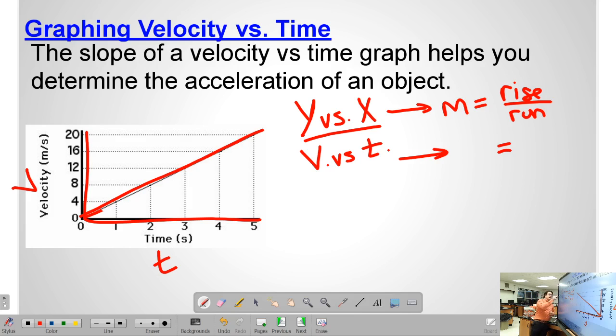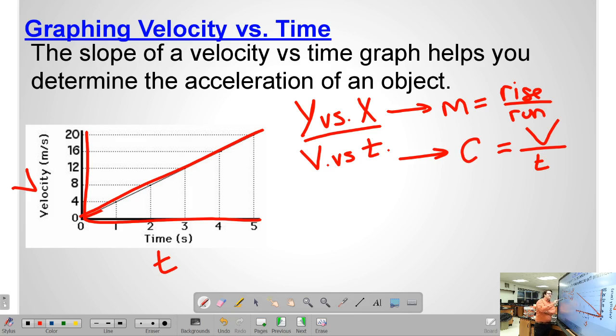What is the unit for my rise? It's velocity, right? Let me try that again. Where's my undo button? Let me erase that. We got velocity over, what's my run? Time. Now, what in the world did we just learn last week was a change in velocity over time? It's on the orange poster. See the v over t? Which is change in velocity equals what?